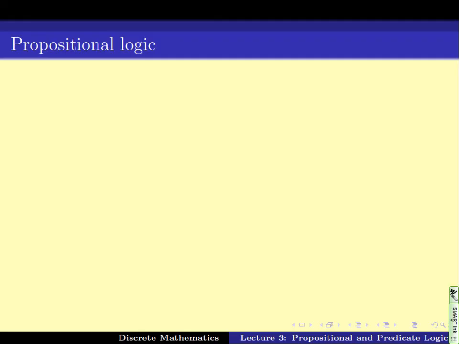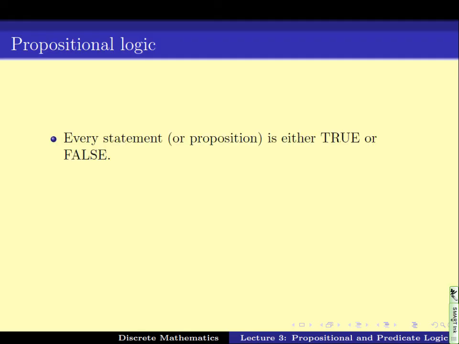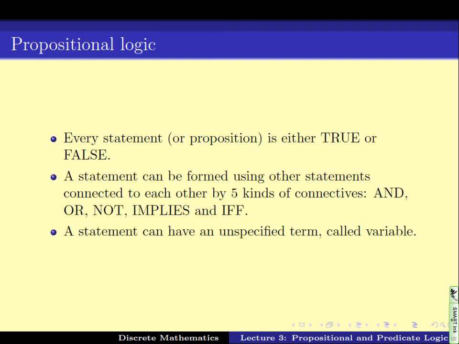So to recollect what we have done till now, we have set up the basics for propositional logic, where every statement is either true or false. The statements are connected using 5 connectives, that is and, or, not, implies, and if and only if. And a statement can have some unspecified term, but that has to be quantified using one of these two quantifiers, for all or there exists.